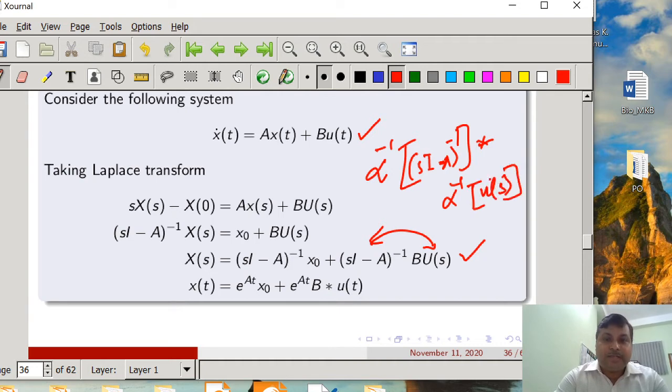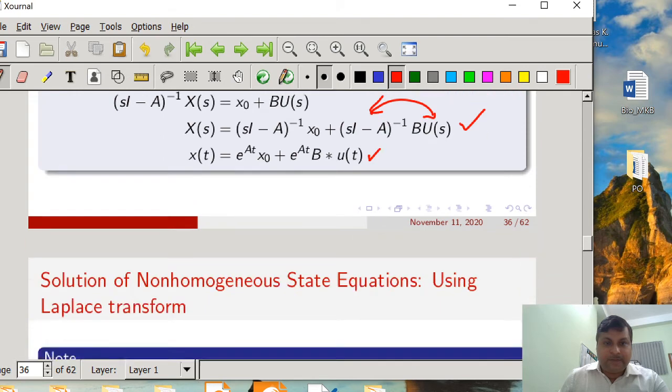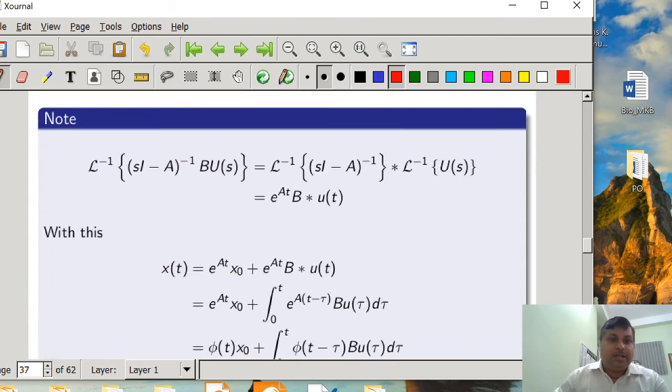That's why it has been written as e to the power At, B is a constant matrix, so e to the power At into B convolution u of t. From the definition of convolution, we can write x of t as e to the power At x0 plus integration 0 to t e to the power A(t minus tau) B u of tau d tau. So we get the same expression we derived earlier with a different method.